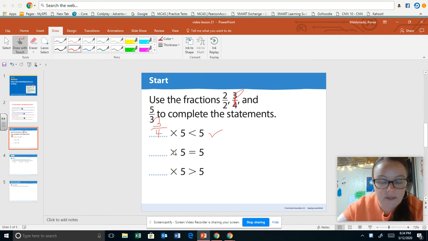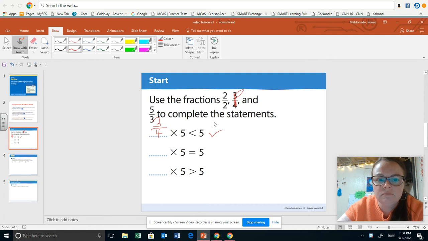All right, down here. Equal to, okay. Which fraction times 5 equals 5? So I need it to be the same value. I know 1 times 5 equals 5. Obviously, right? 1 whole times 5. So that would mean if I look up top, which fraction here is equivalent or equal to 1 whole?